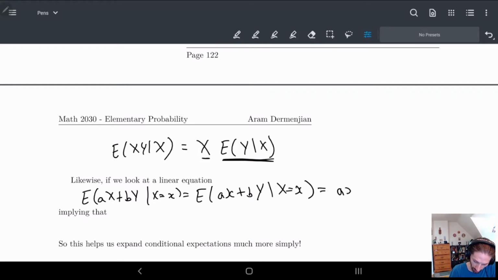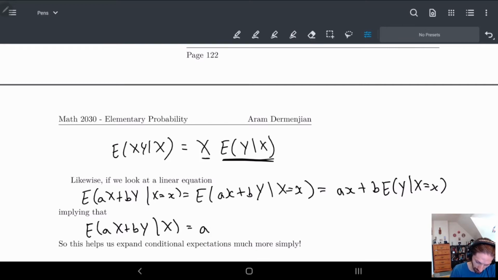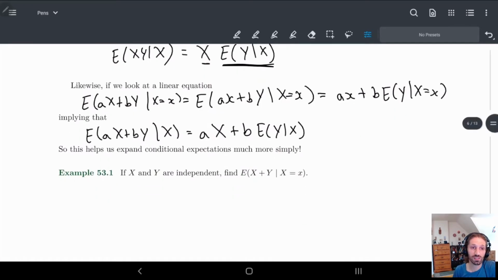So here we get ax plus b times the expected value of Y given X equals x. In other words, another way of looking at this, E of aX plus bY given X, is equal to aX plus b times the expected value of Y given X. So you can see that we can use these to manipulate things.